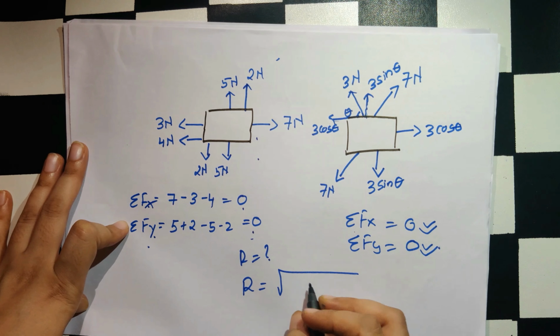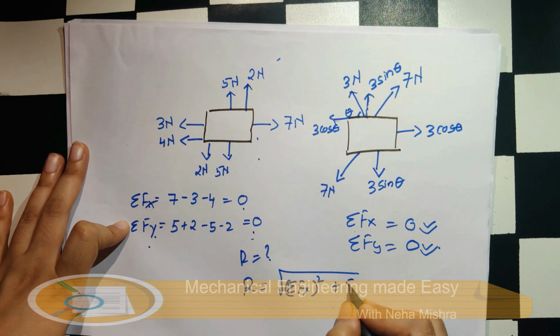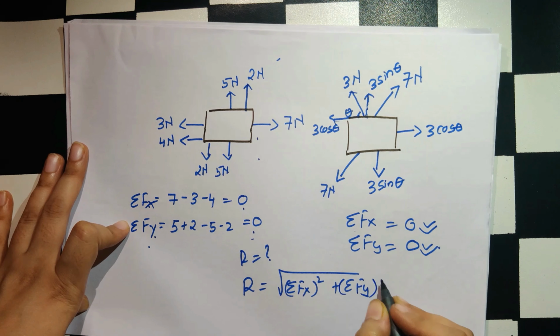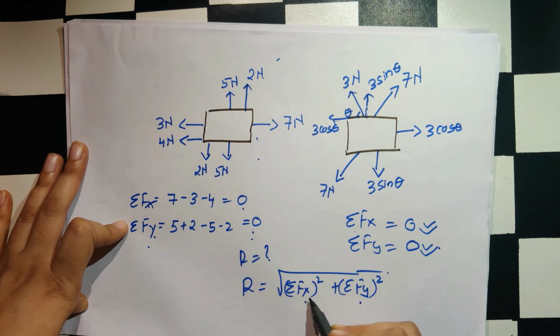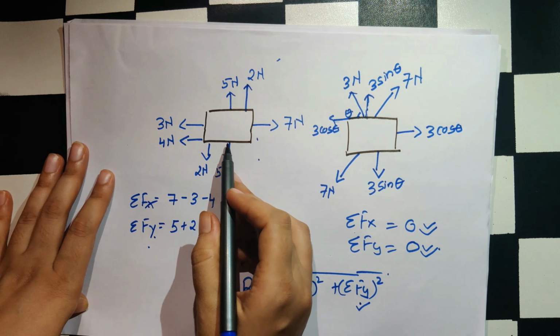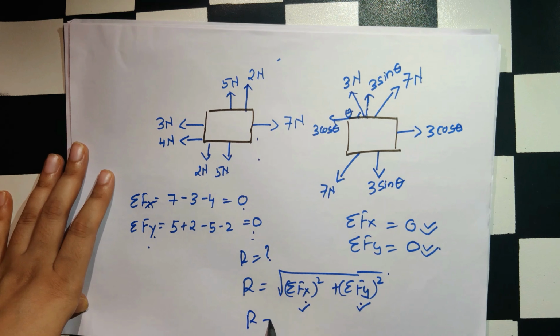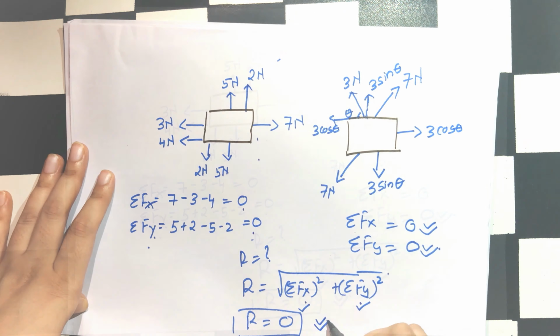It is the square root of summation Fx square plus summation Fy square. Now if any of these values is not 0, obviously your R will not be 0. But since both these values have to be 0 for the equilibrium condition, your R is also 0 for equilibrium condition.